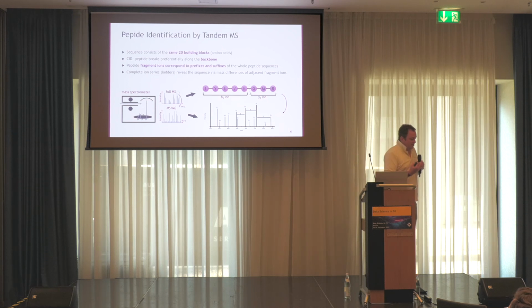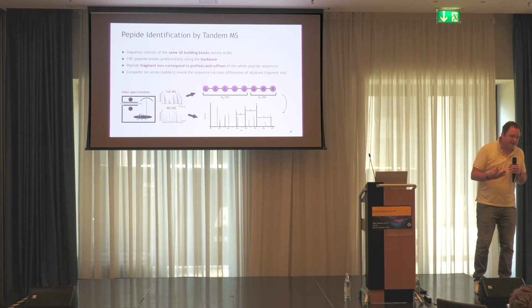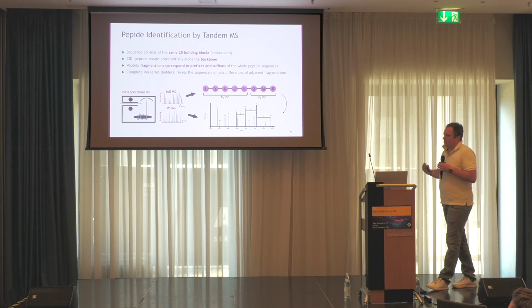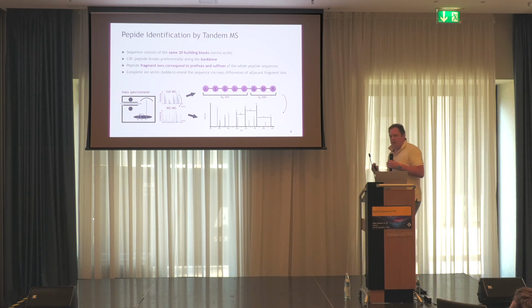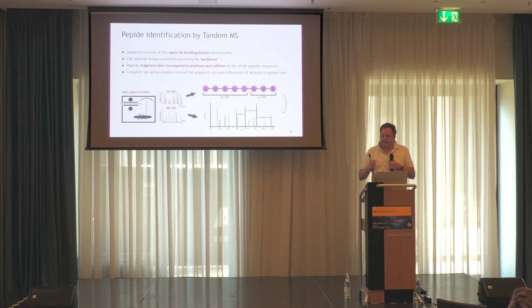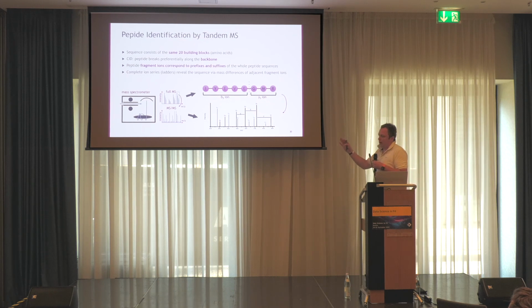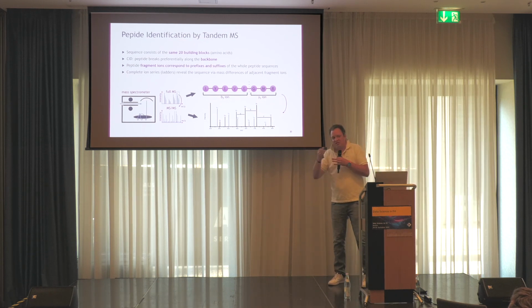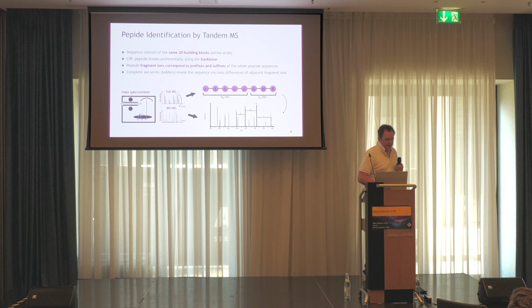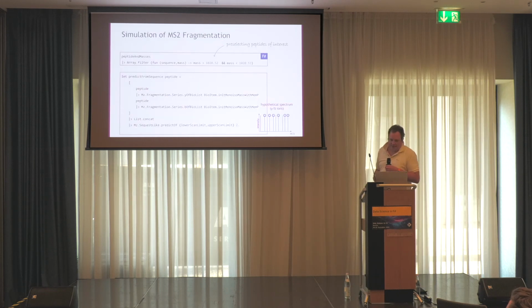So the next step I told you is that this machine does not only weigh our stuff, it also breaks it into pieces by ion collision, like random pieces. And the random pieces are called B and Y ions, depending on the fragment identity. So this is the next step we need to model, right?